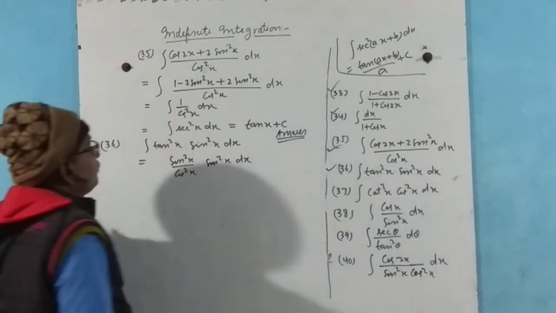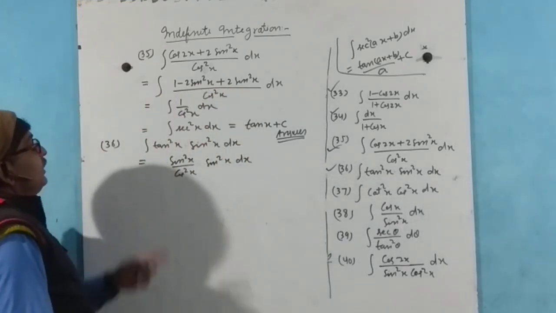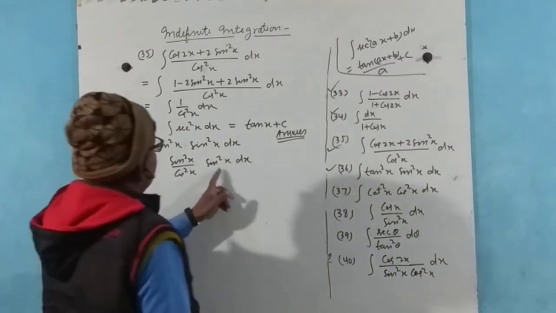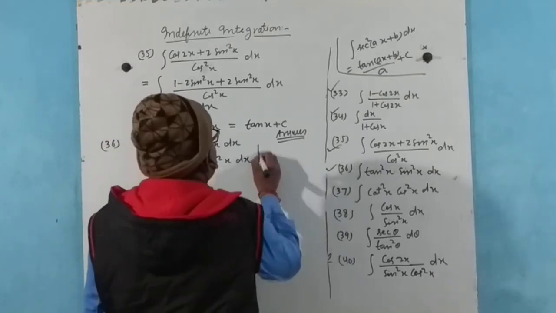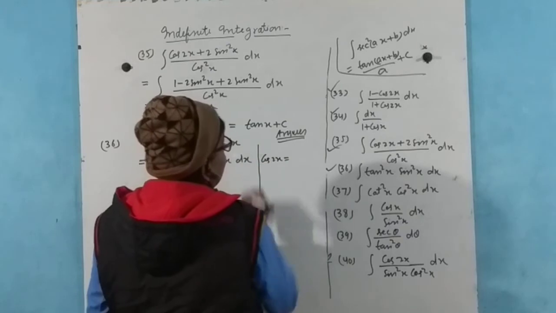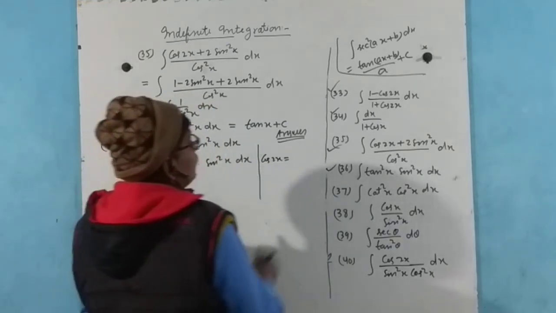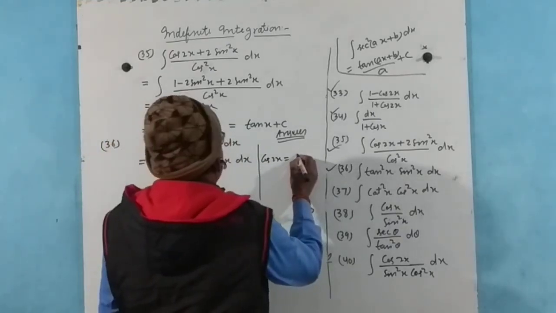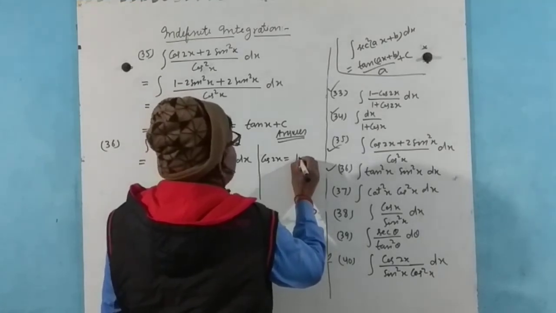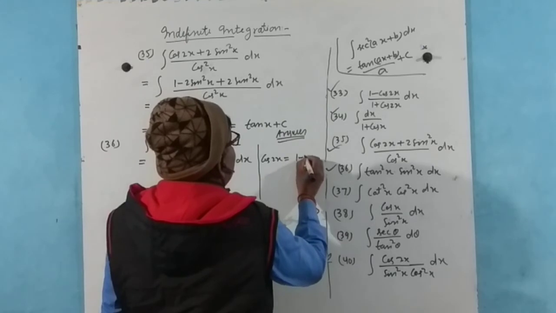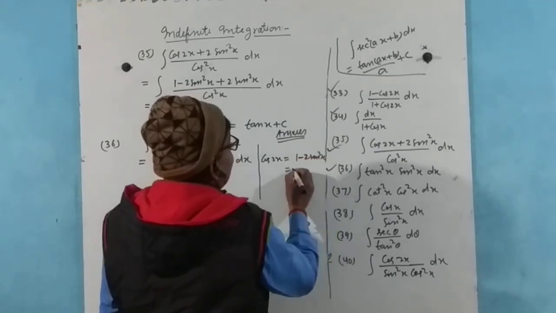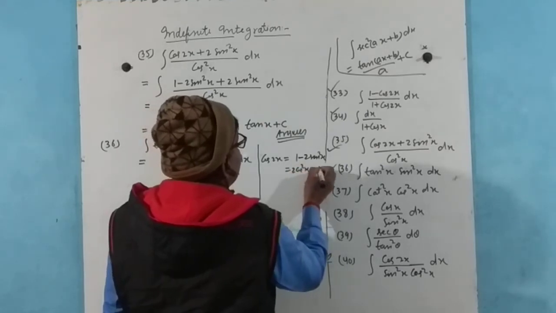And this can be written as: cos 2x equals 1 minus 2 sin square x, which is also equal to 2 cos square x minus 1.